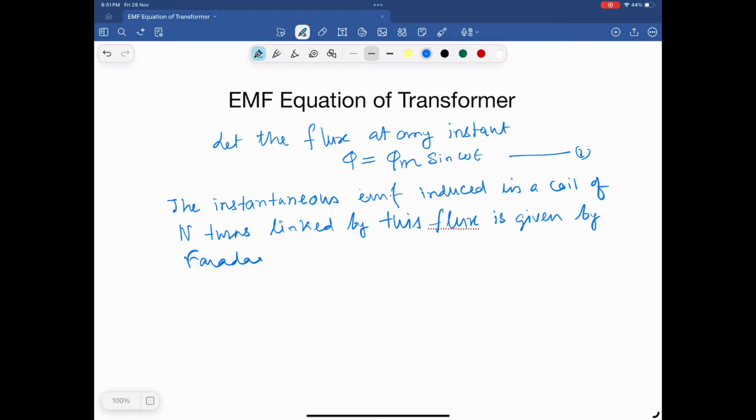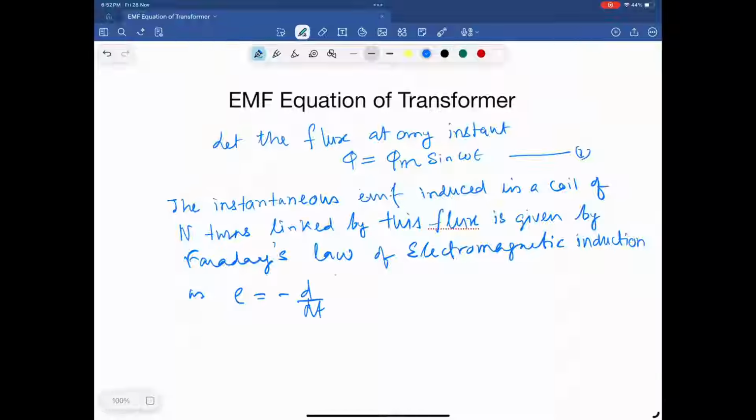According to Faraday's law, this induced EMF E is represented as E equals minus N d phi by dt. Now we know phi equals phi m sin omega t, so we put d by dt of phi m sin omega t.